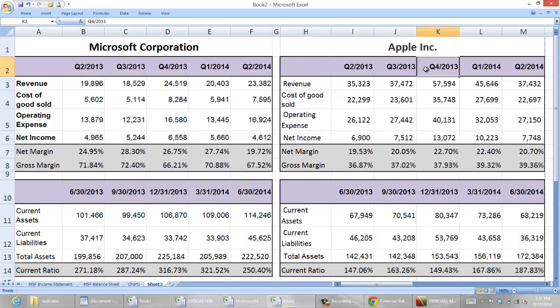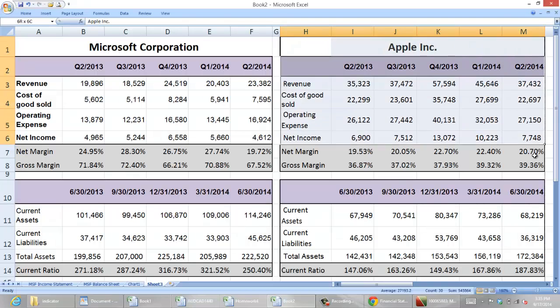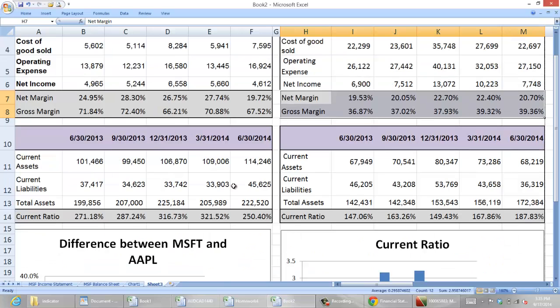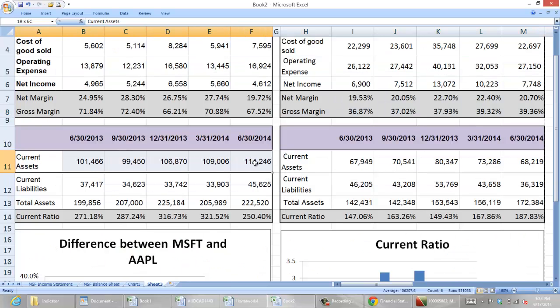The same thing I do for Apple. Here's that section for Apple. I copy the same thing and then I calculate net profit margin and gross profit margin for Apple. And also I work on current asset, current liability, and total asset.